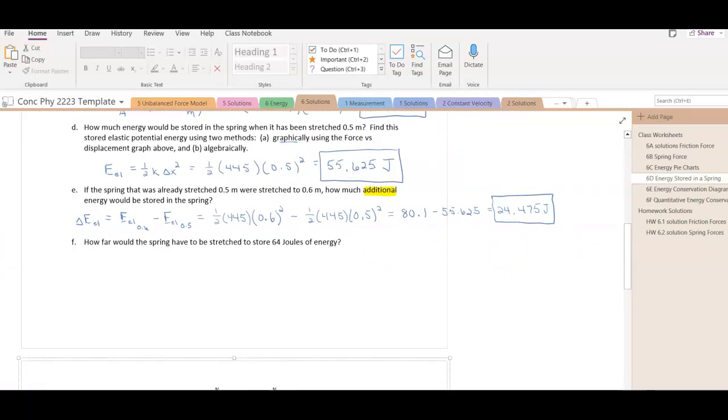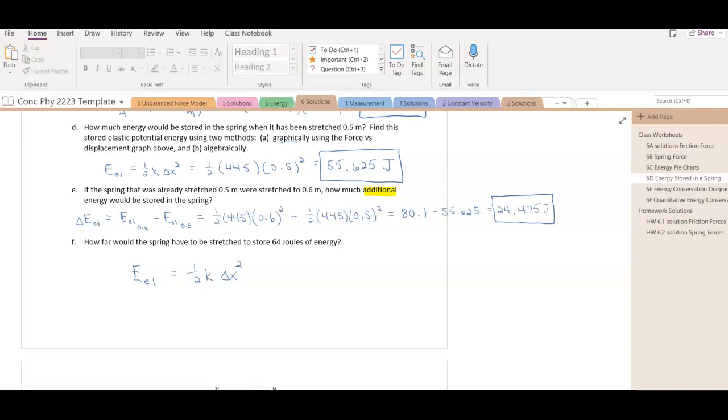How far would the spring have to be stretched to store 64 joules of energy? Well, the relationship between being stretched and how much energy is stored is that the elastic potential energy is half of the spring constant multiplied by the displacement squared.